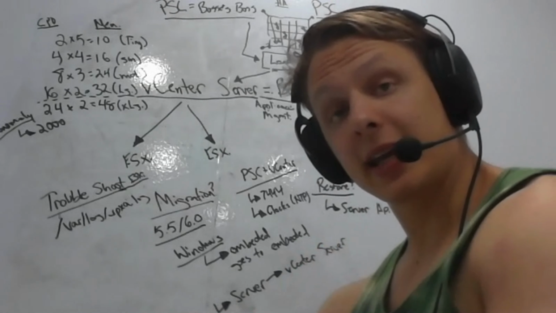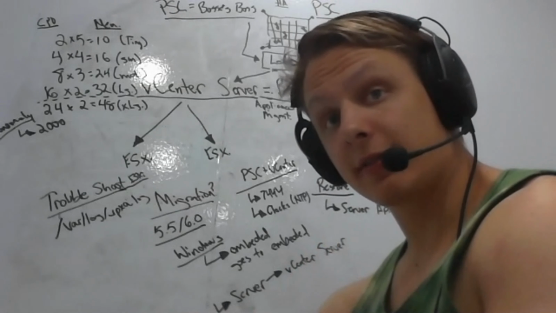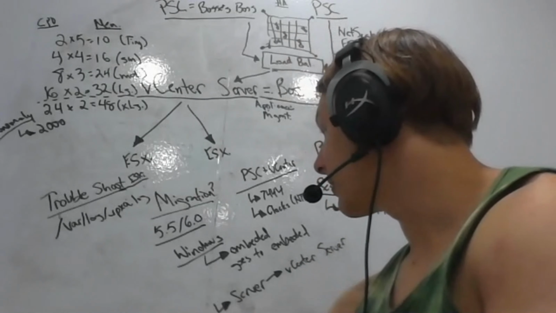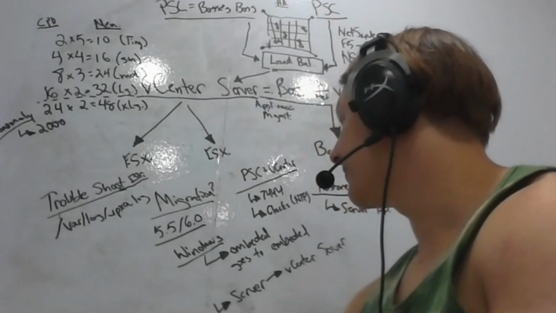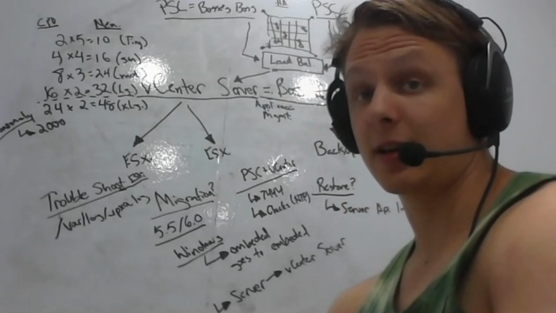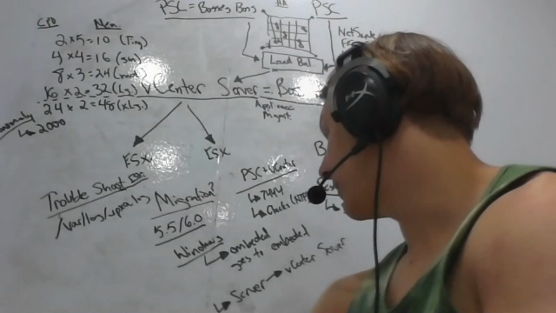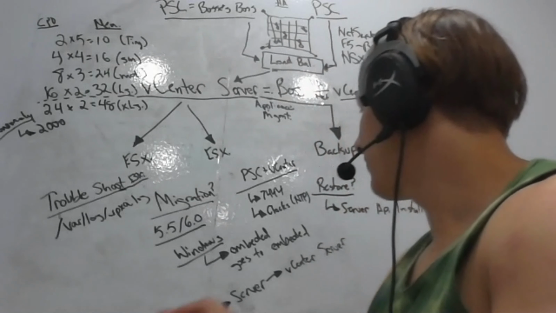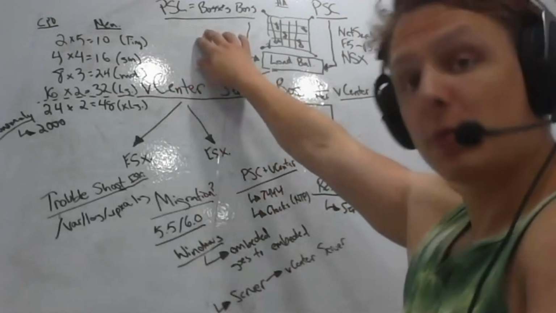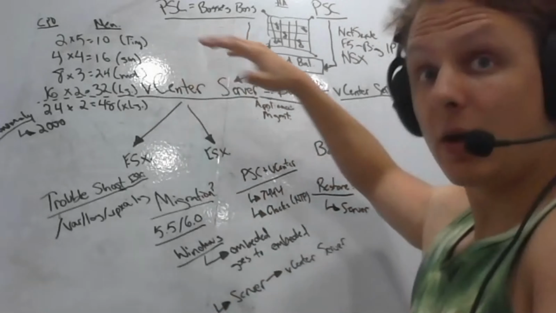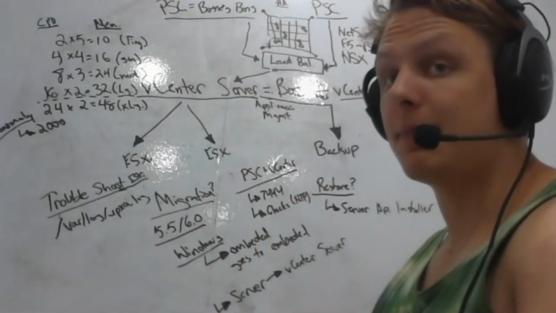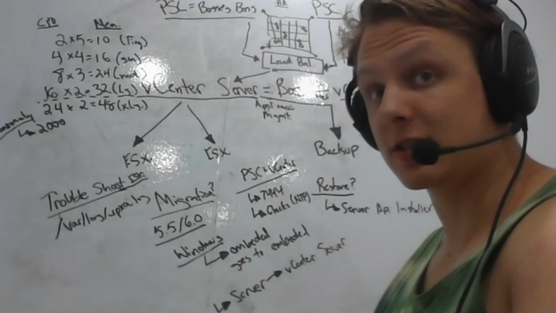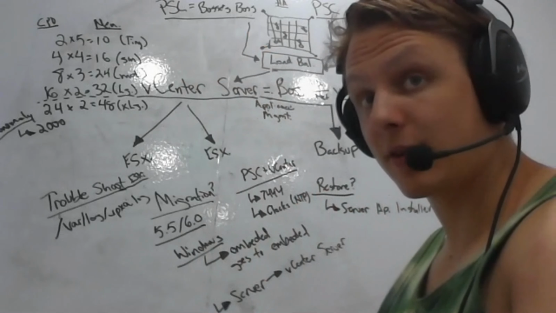When you're migrating your vCenter server from a previous version, 5.5 or 6.0, and you've got your Windows vCenter server, if you have an embedded Platform Services Controller, it will just go to an embedded Platform Services Controller in 6.5.